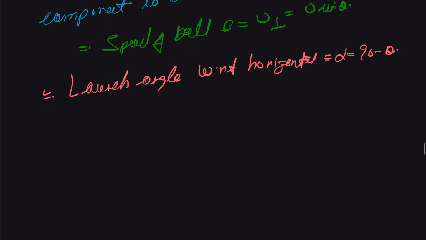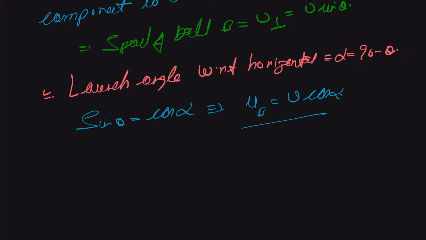From trigonometry, sine of theta will give us cos of alpha. Therefore the velocity of our ball will be equal to v cos of alpha. This is the important part here: the velocity of the ball is v cos of alpha, because it is going to lose its other component to ball A.